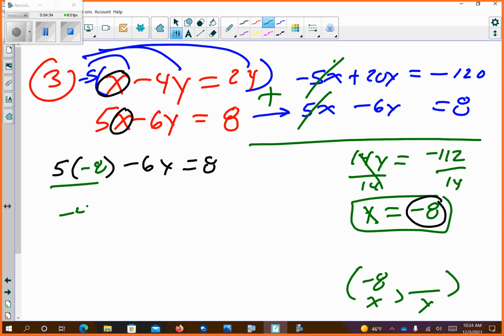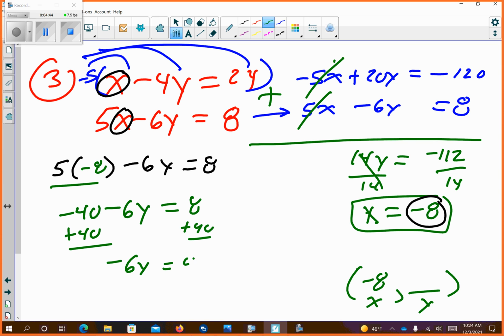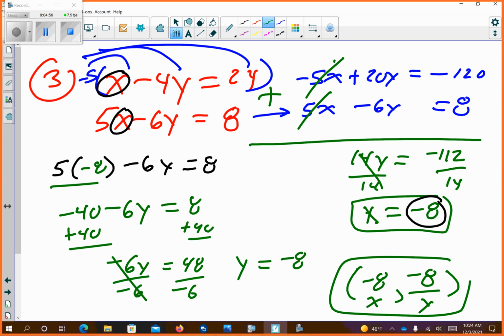So that gets me negative 40 minus 6y equals 8. Add 40 to both sides. Negative 6y equals 48. Divide each side by negative 6. Let's cancel. So y is equal to, I believe, negative 8. Oh, our answer came out to negative 8, negative 8. Okay. Well, that's a point.